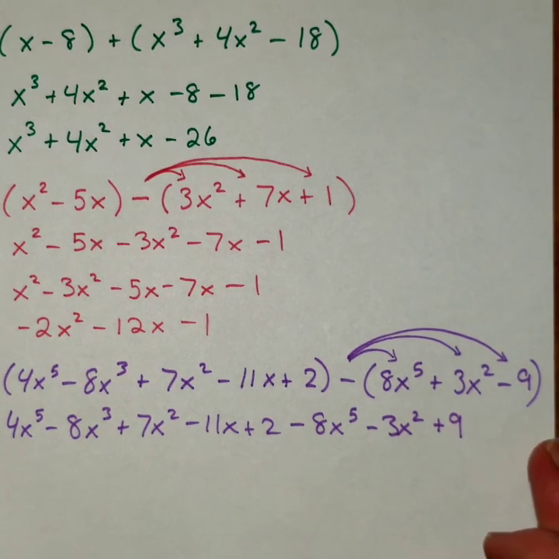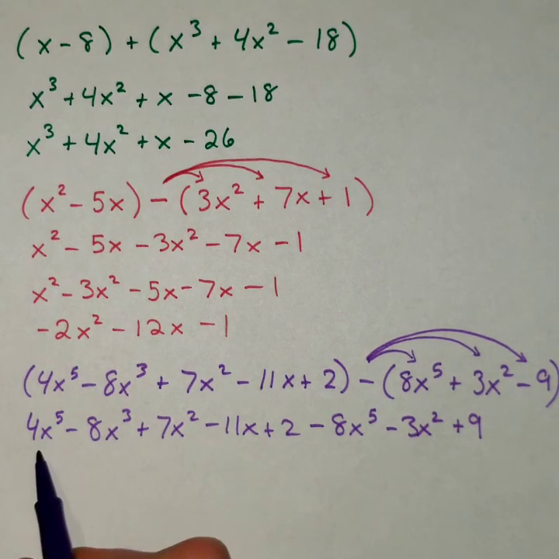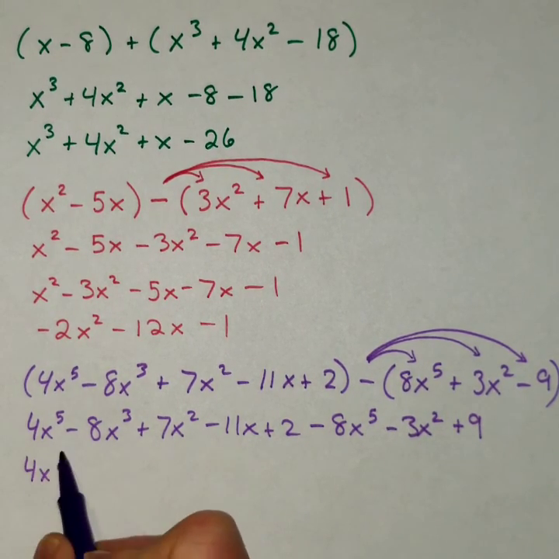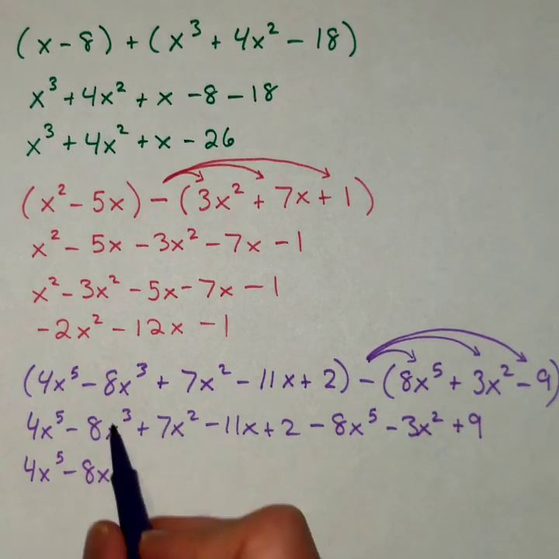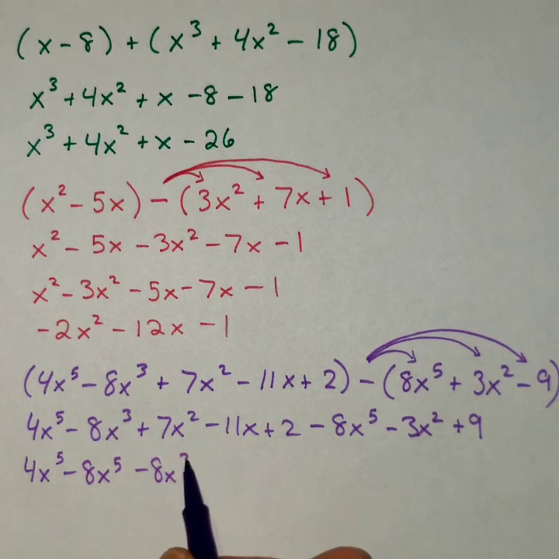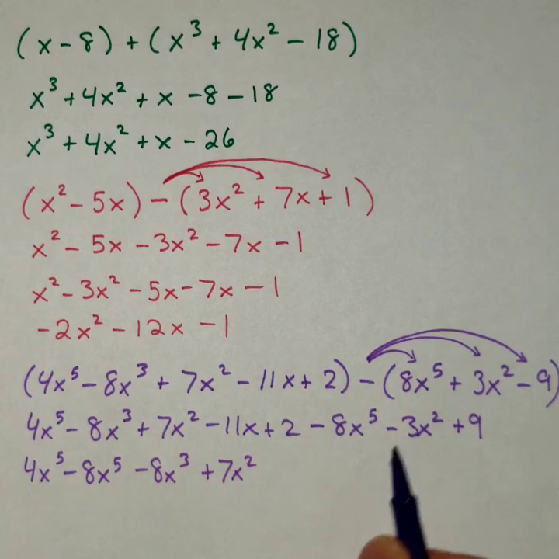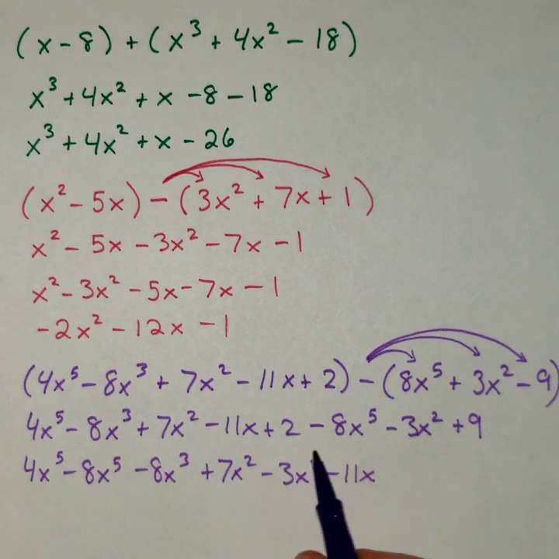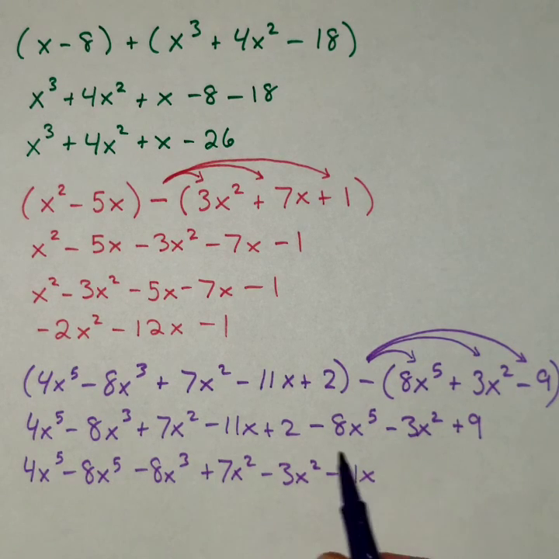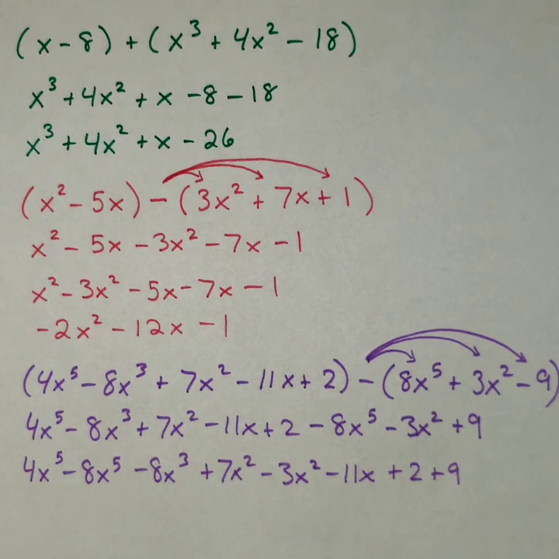From there I group things together: the 4x to the 5th minus 8x to the 5th, a minus 8x to the 3rd, a 7x squared minus 3x squared, minus 11x, no other x's in there, plus 2 plus 9. So that should be all of the terms. Just double checking, make sure my count is right.